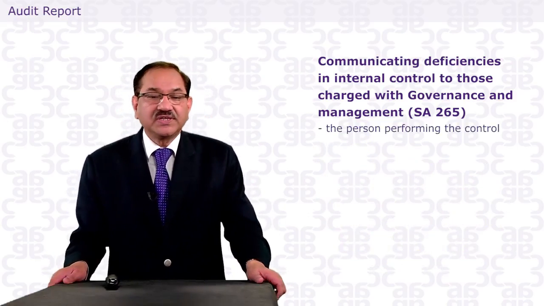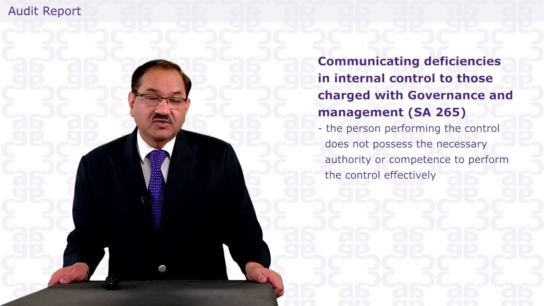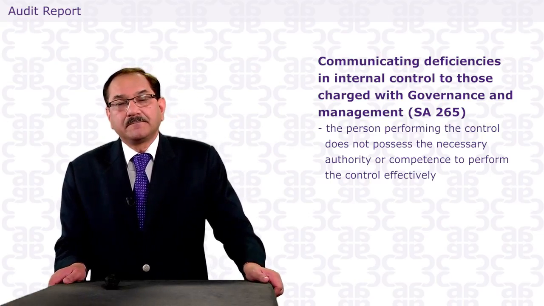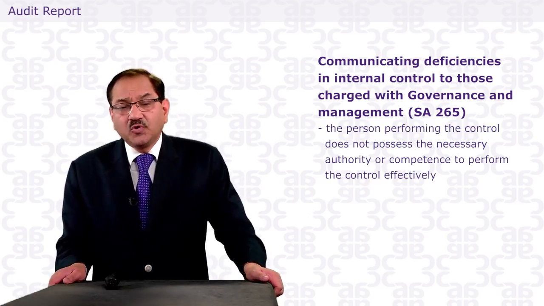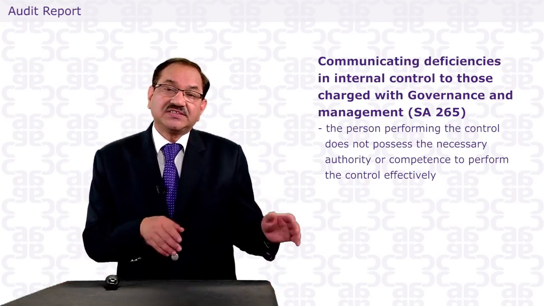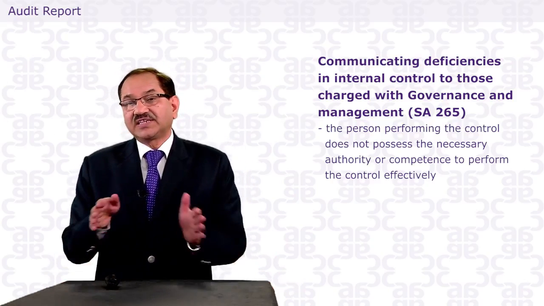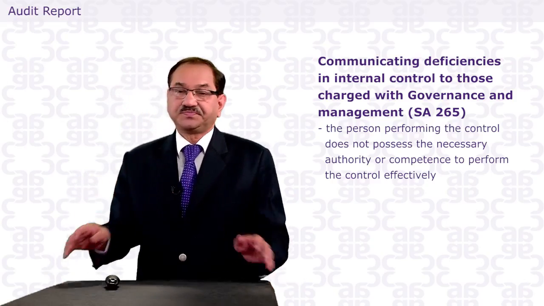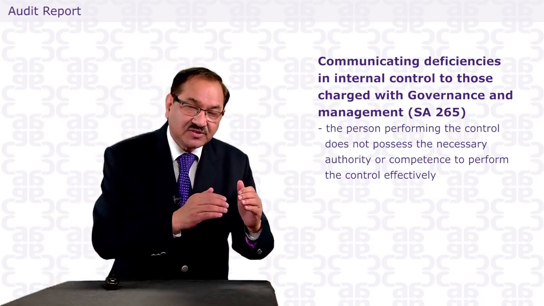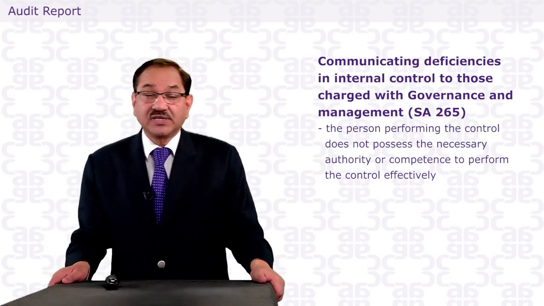The person performing the control does not possess the necessary authority or competence to perform the control effectively. You have designed a system correctly, like I told you, for traveling expenses of directors, the travel expenses of directors should be separately recorded, and others should be separately recorded in the financial books.